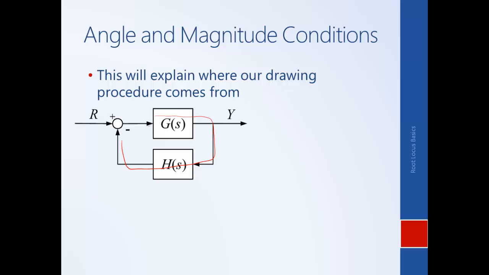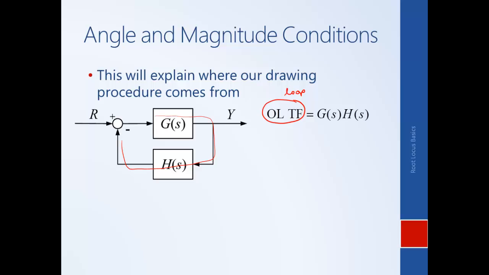So in this case, we have these forward dynamics G of S, and we have these feedback dynamics H of S, and the open loop transfer function is G times H, everything that's in the loop. So again, that might be a little confusing, but try and remember when we say open loop, we mean everything in the loop.